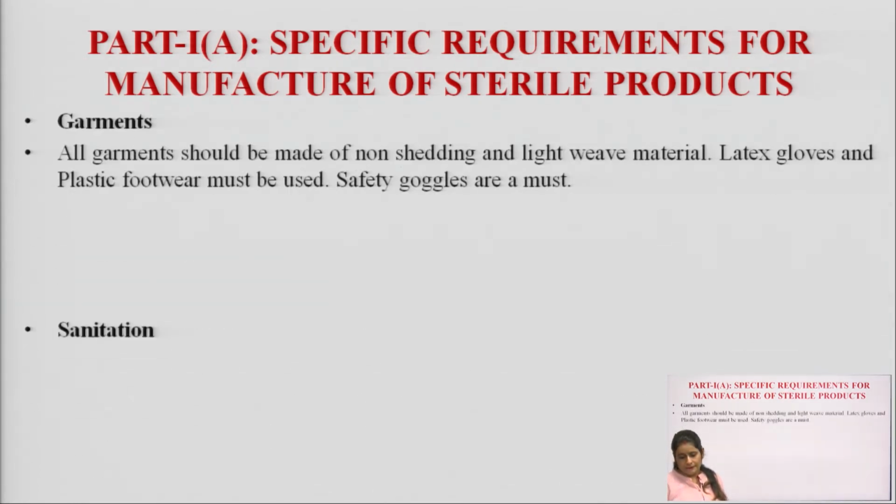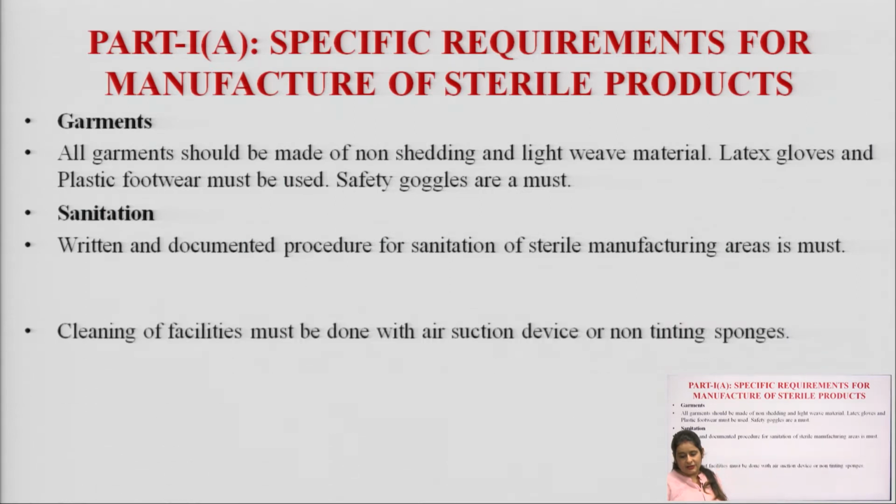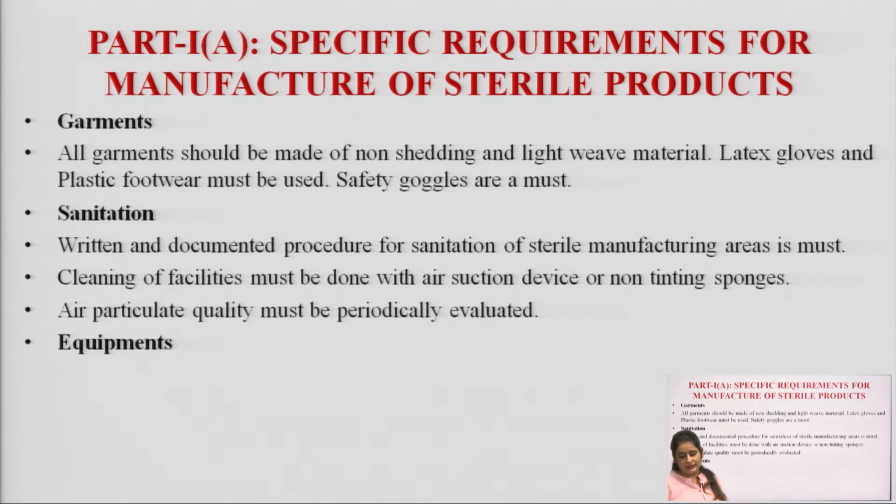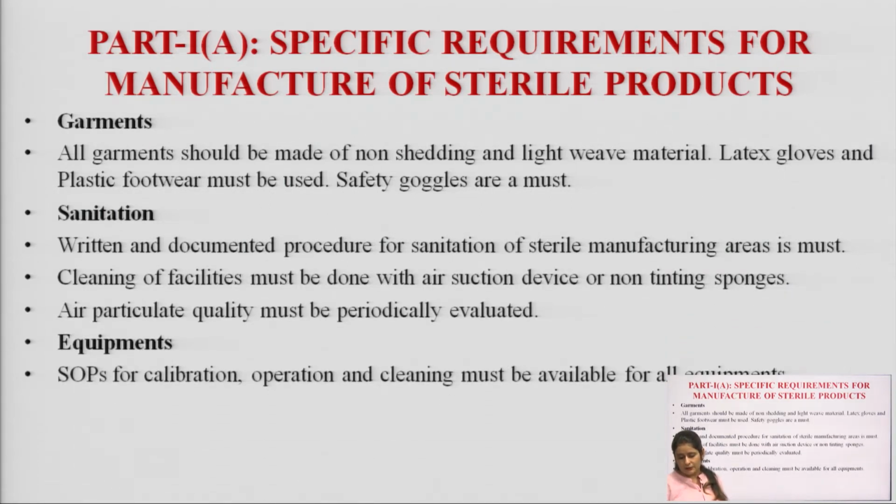So garments, sanitation, cleaning and equipment are the special requirements while manufacturing sterile products. As we all know, sterile products must be free from microorganisms and must be prepared in aseptic conditions.